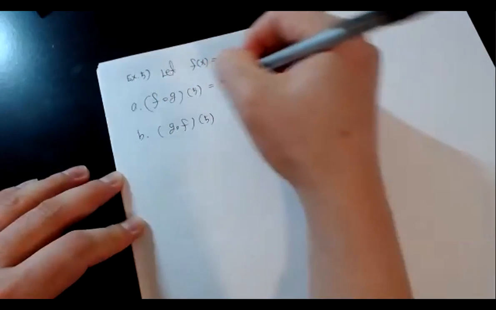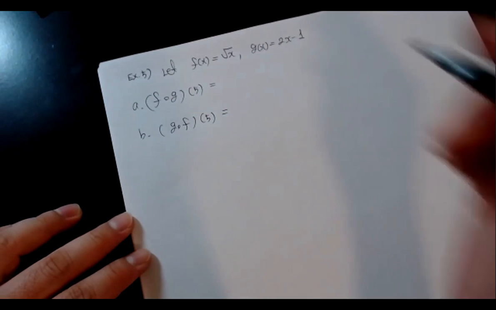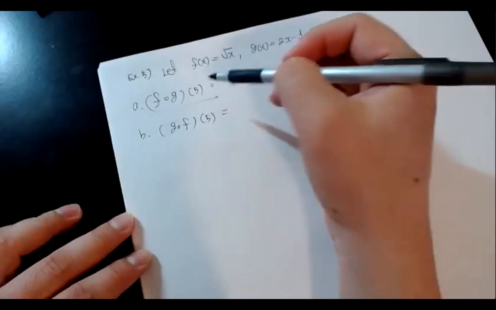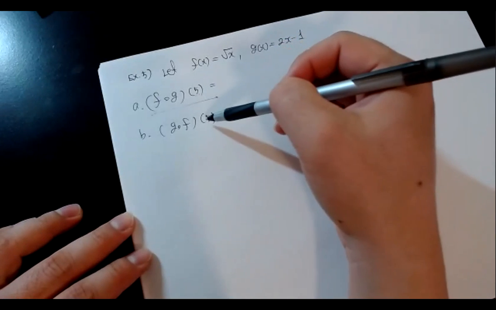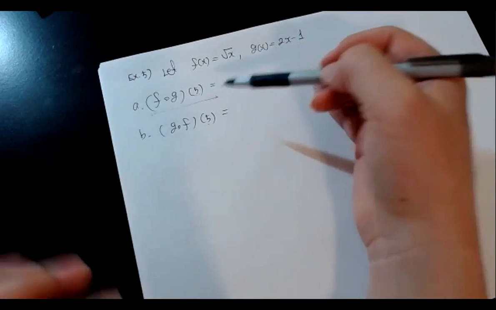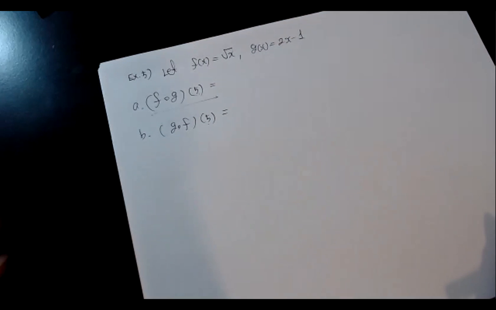In this case, you don't have to figure out the equation of the composition of f and g. Look at these problems: instead of x, a specific number is given. Don't try to find the composition equation.